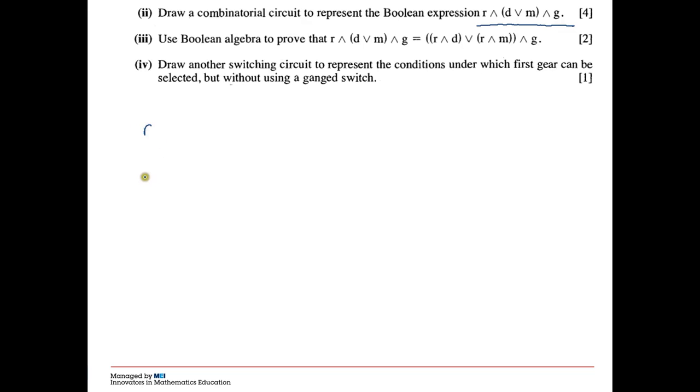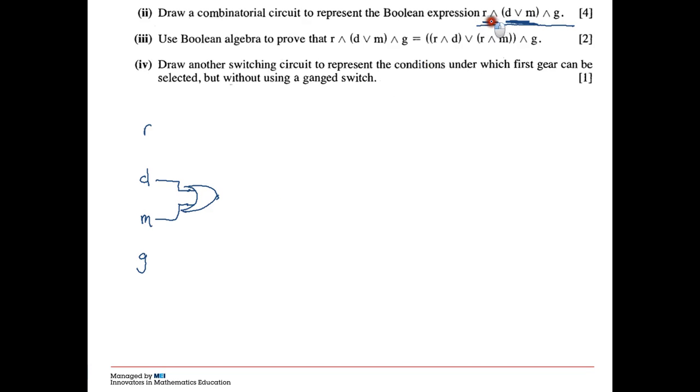R, D, M, G. And then, as with any sort of algebra, start with what's in the bracket, and that's D or M. So I'm going to start by putting D and M and connecting them with that symbol for OR. Sorry, that's not very tidy, but in the exam that would be perfectly recognizable.